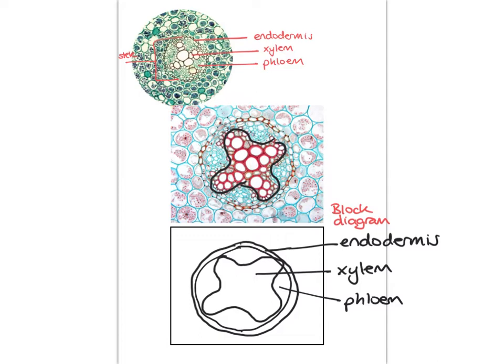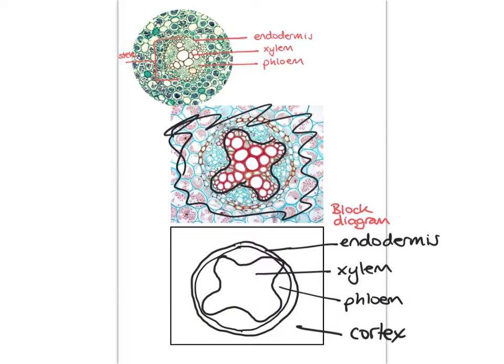One other label. Well, what about all these other cells that are around here? What are they part of? Cortex. So we should also put the cortex in there as well. Now you can sort of bracket those together and write stele.